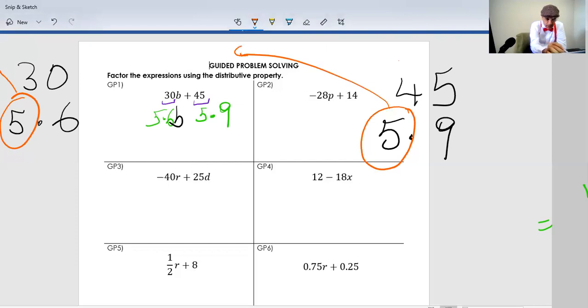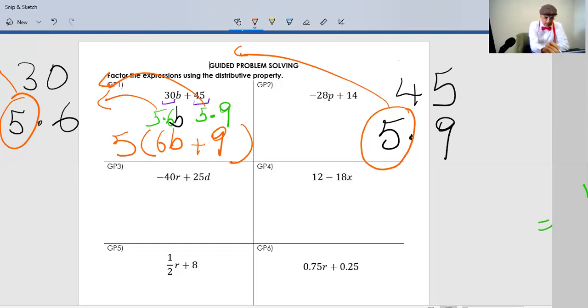We take the 5 out and put it outside a parenthesis, and on the first term, what's left? 6b. And on the next one, what's left? 9. So you can write it as 5 outside the parenthesis times 6b plus 9. The opposite of doing the distributive property is factoring. You take something out and put it outside the parenthesis.